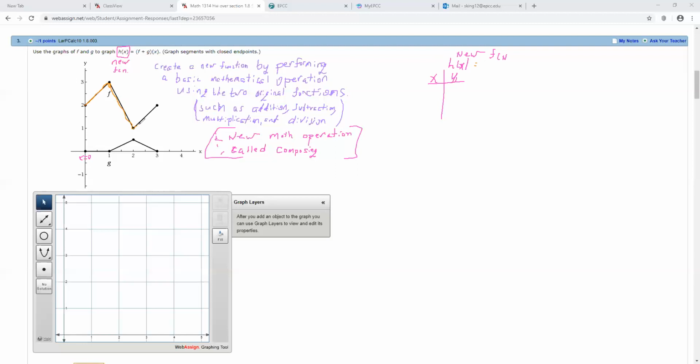And I need to be more patient here. That's f of x, well, they tell us that is. And we are going to create a new function by using the basic mathematical operation of addition. So plus g of x. And so we start to pick points here.